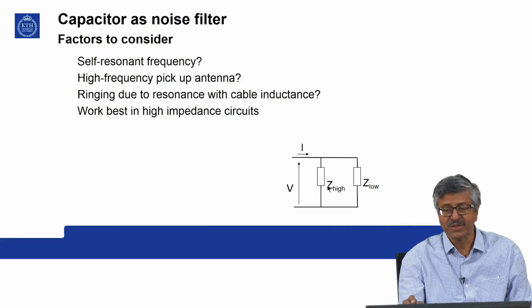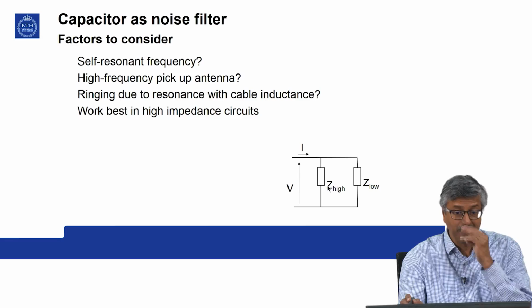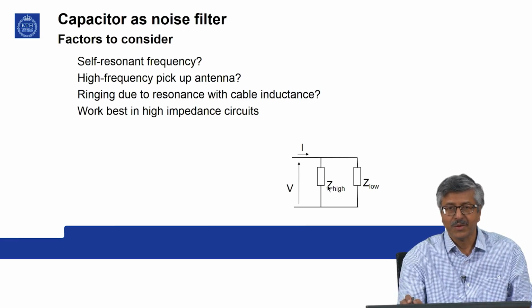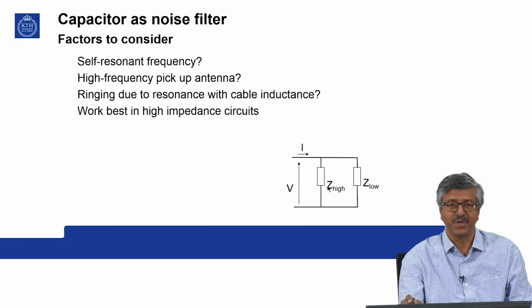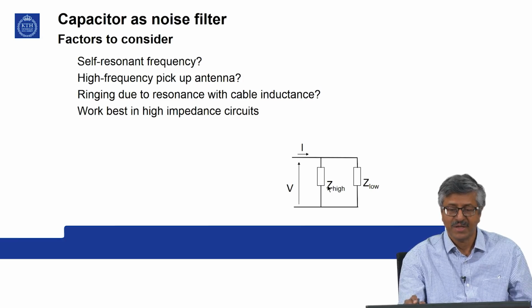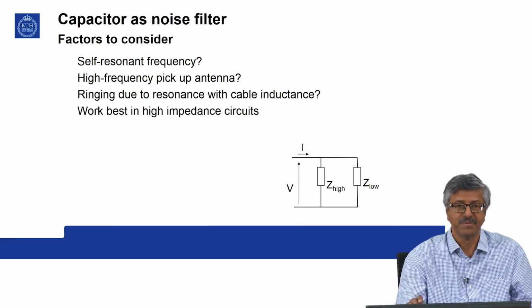But if your circuit is already of low impedance, it may not work very well, because your capacitance impedance under noise condition has to be even lower than the circuit impedance to be effective, and that will be at really high frequencies. So, capacitance as a noise filter works best with high impedance circuits, not with low impedance circuits.